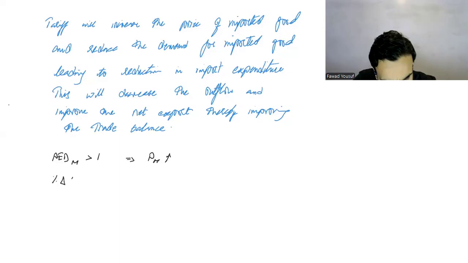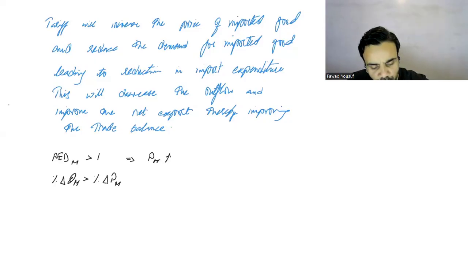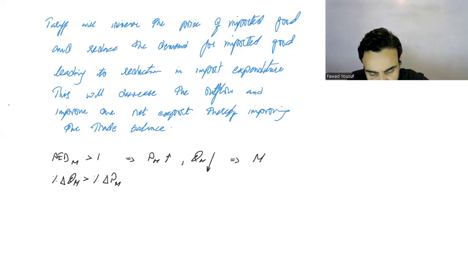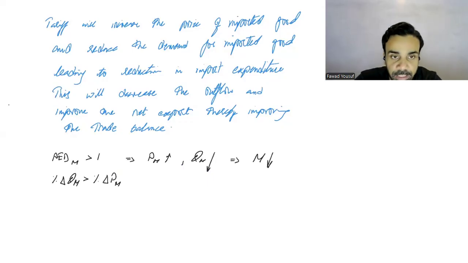is elastic, that means the percentage change in imports will be bigger than the percentage change in the price of imports. So if import price goes up, we know that the quantity demand for imports will fall, but much larger fall will happen. And therefore, the import expenditure is going to fall significantly.